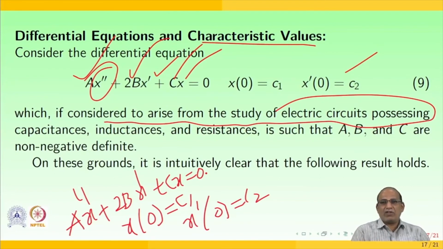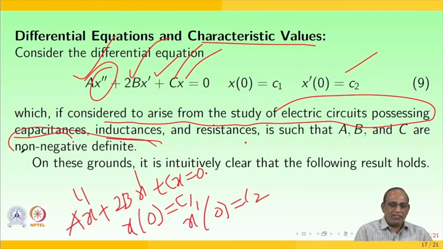This kind of application you quite often come across in circuit processing: capacitance, inductance and resistance, and A, B, C are non-negative definite matrices. On these grounds, it is intuitively clear that the following result holds.